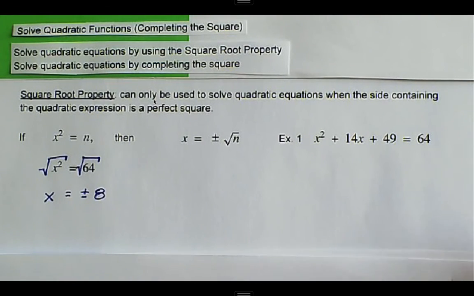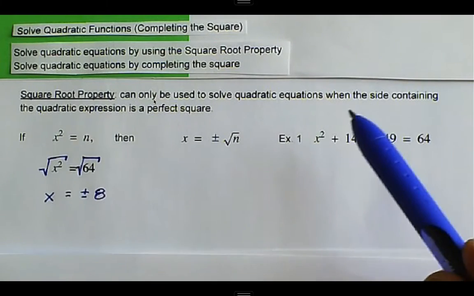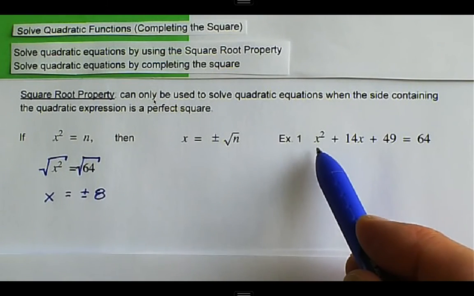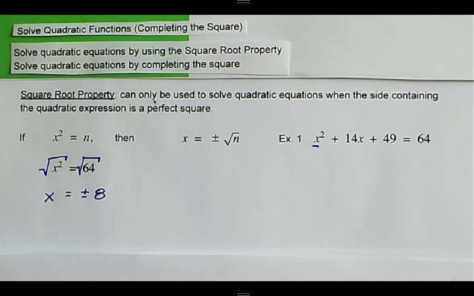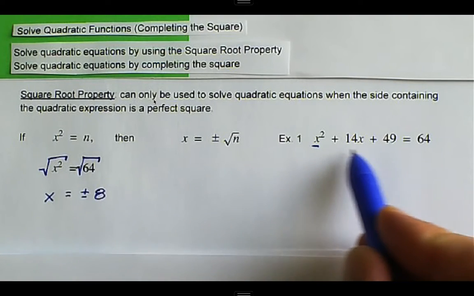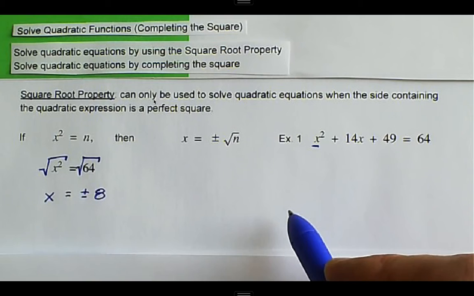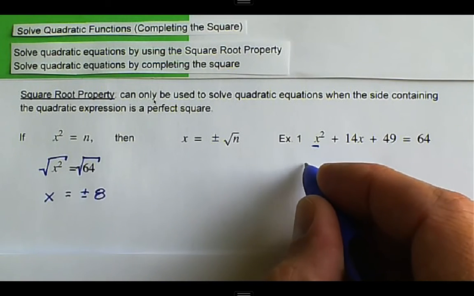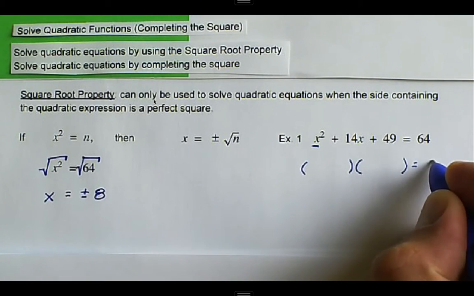Now we're looking at this example, and in order to use the square root property, the side containing the quadratic term, in this case the x squared term, has to be a perfect square. Well, right now, in the form that this is on the left side, it is not a perfect square, but we can change that and we can factor that and see what it ends up to become. So if we factor this, it's still going to be equal to 64.